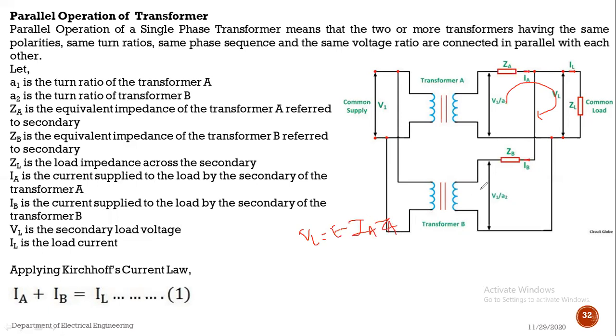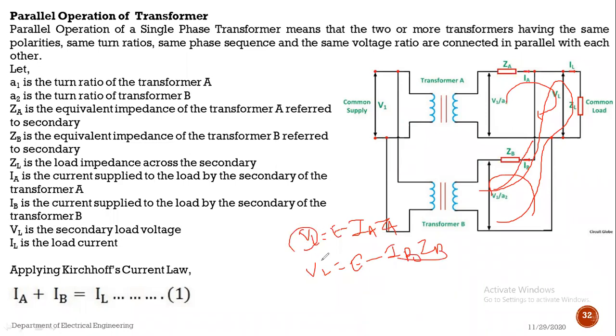Similarly, if we apply KVL to this one loop, या second transformer च्या closed loop ला apply केलं. So if this is applied, again we got the equation VL is equal to E minus IB into ZB.